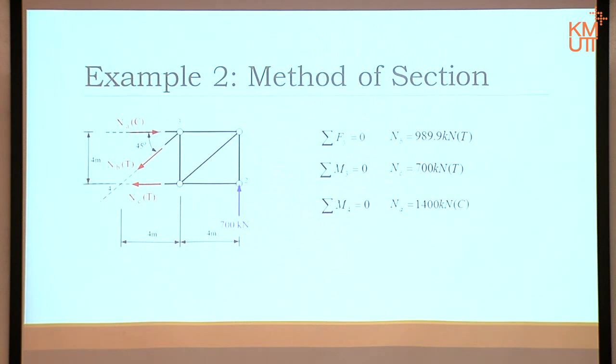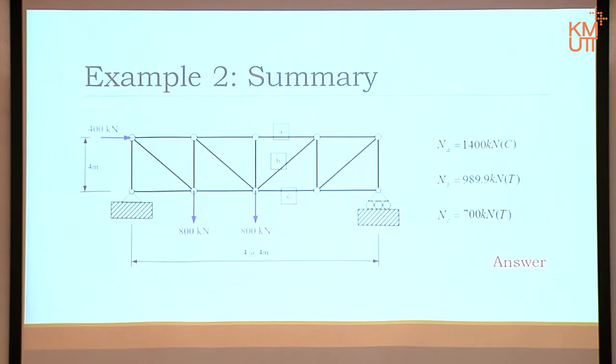We are not so sure whether it's correct or not, so maybe we use sigma Fx to check it. Right? Sigma Fx equals 0, calculate it. This picture happened to get 0 equals 0. Then we are safe, it's okay. And that will be the answers.